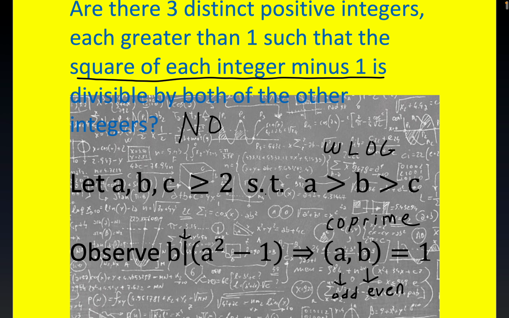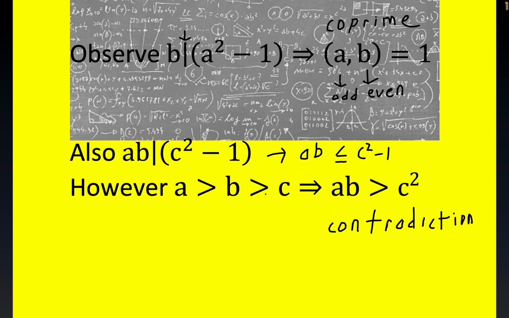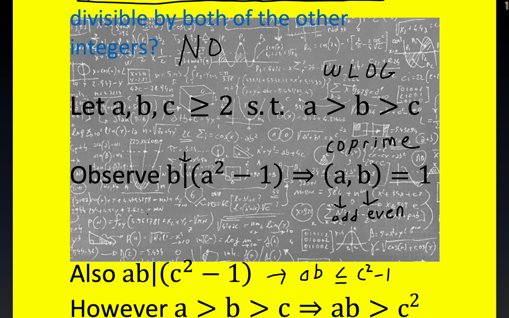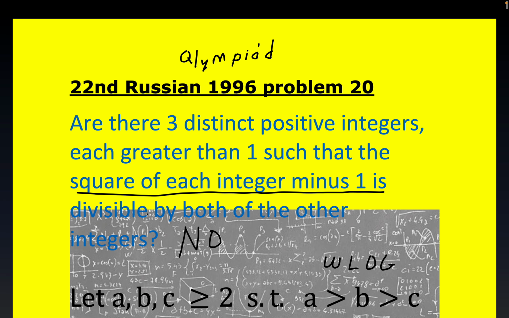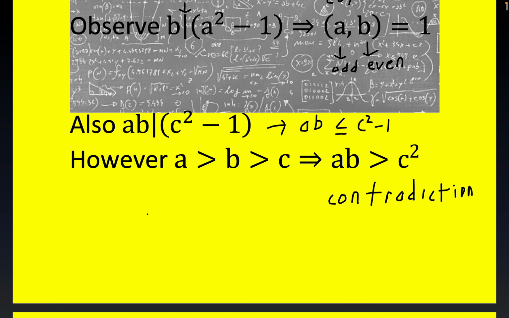Now, if you're interested in looking at just a concrete example, let's say we pick A to be 9. Then we can see that A squared minus 1 is equal to 80, right?